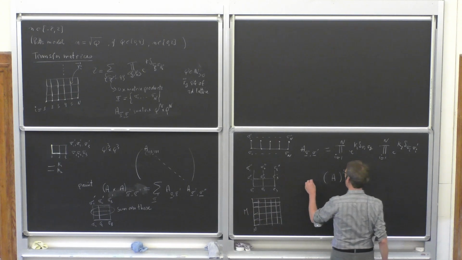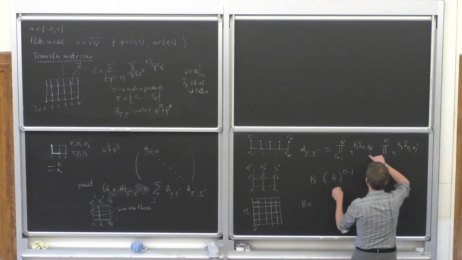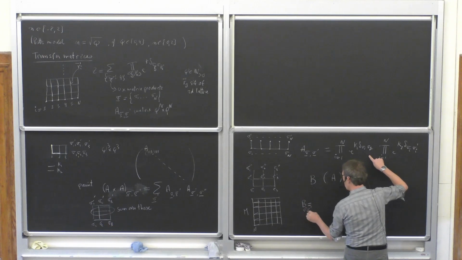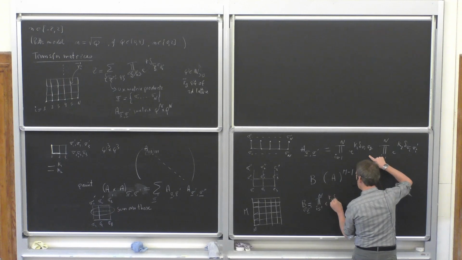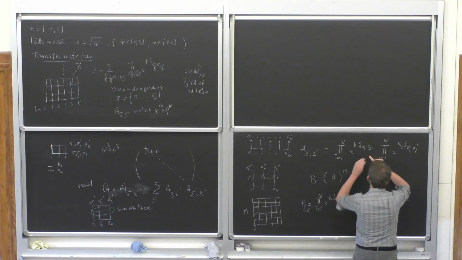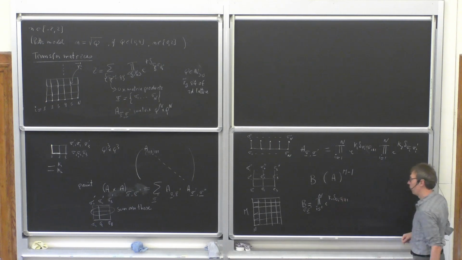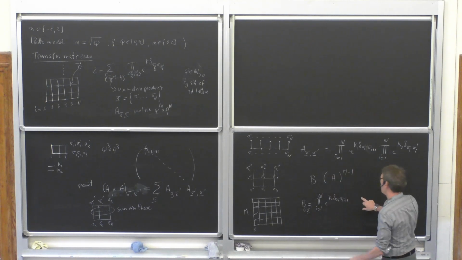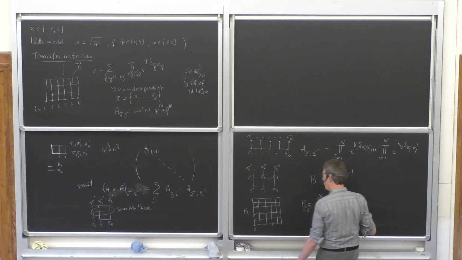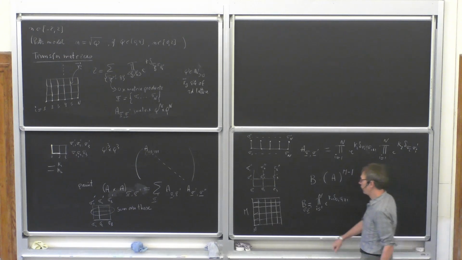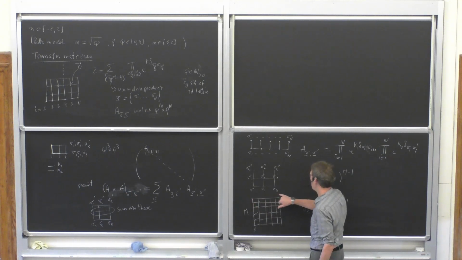So I need to multiply this by a new matrix B. That matrix B will be just this, with sigma i and sigma i plus 1, because it's i and i plus 1 which are neighbors. And then it depends what I want to do with the boundary conditions. So let's assume the boundary conditions are free, which means the spins at the bottom can be anything they want and the spins at the top can be anything they want.